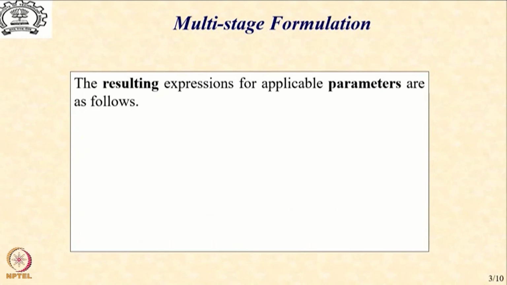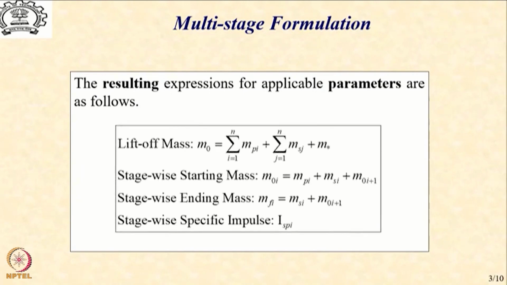We can now write these M01, MF1, etc. in terms of the applicable parameters as shown here. So we know that the lift-off mass M0 is going to be the sum of propulsion mass for all the stages, the structural mass for all the stages, and the payload stage mass.